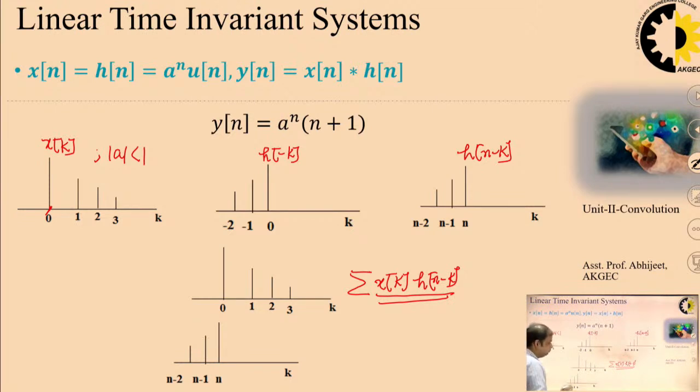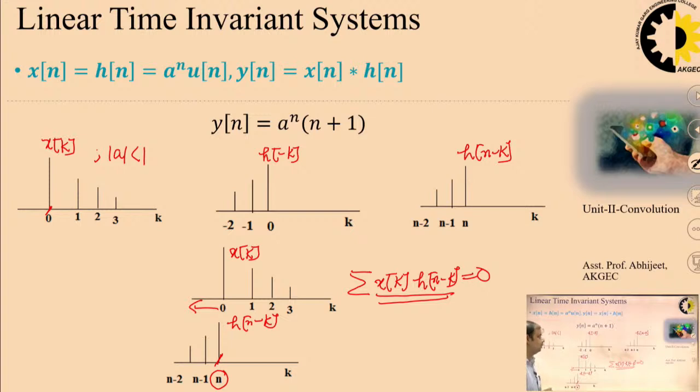This is h of n minus k, and this is x of k. When n is behind 0, there is no overlapping. So if there is no overlapping, this product will be 0. The product is 0, the summation will be 0. Firstly, we calculate the product and then the summation.